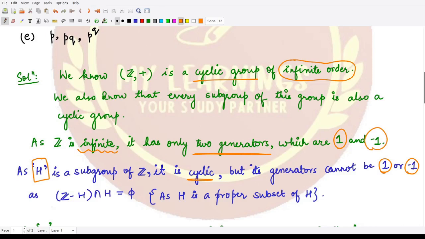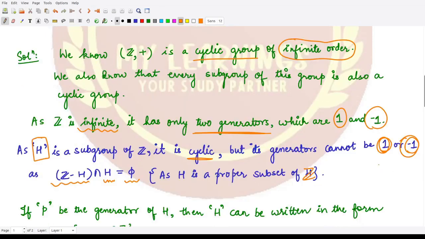However, because H is a proper subset of the set of integers, the intersection of its complement with it is empty. They are disjoint with each other, hence we cannot take 1 and -1 as its generators, correct?